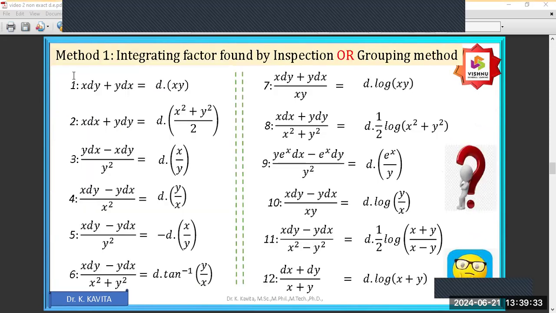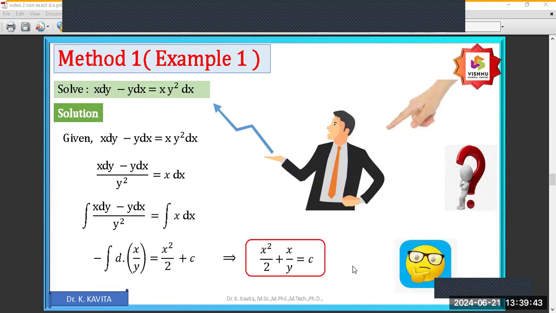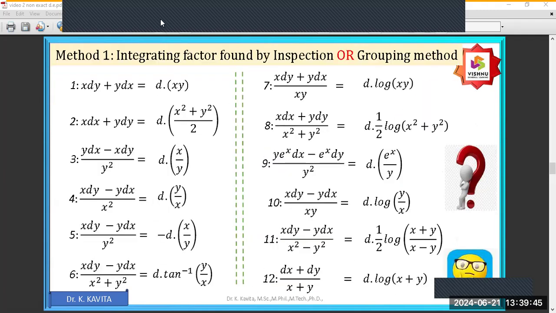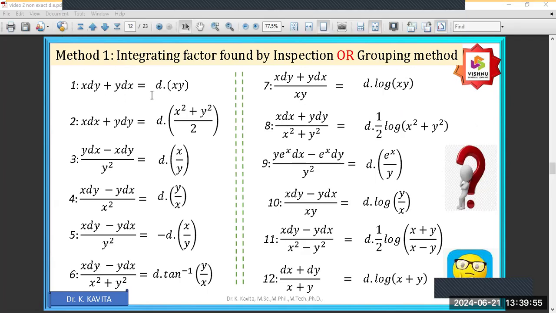Method one: the integrating factor found by the inspection method, or grouping method. Here we have to observe that all 12 grouping method formulas are obtained by inspection. You know very well, x dy plus y dx equals d of xy, which looks like a multiplication formula. Here, this looks like an addition, but something is missing, because we differentiate the function to get that.